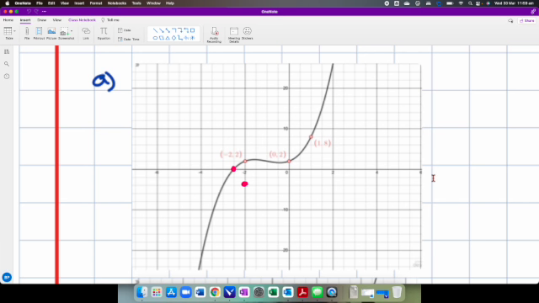So that's going to come down. Our y of 2 is going to go to -2. Our 8 is now going to come down to -8. And all we've got to do now is match that curve.